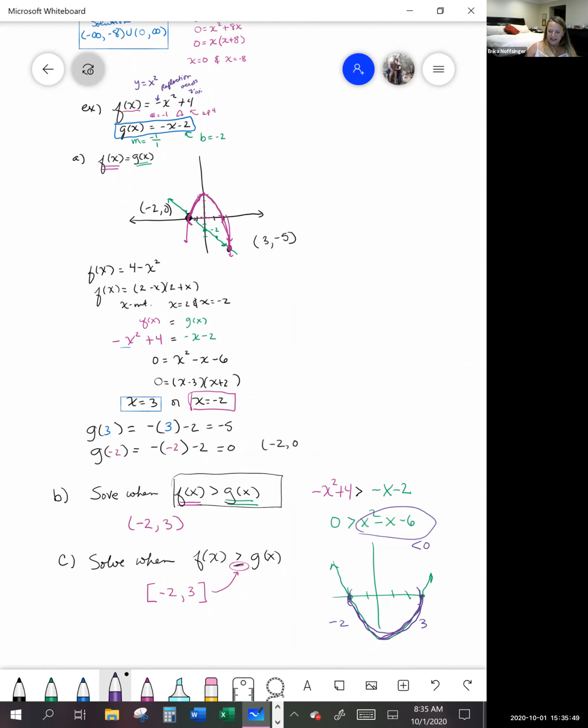Okay, so that is the 4.5. I was going to say, let's just go graph those on Desmos, but we actually graphed them, so we really don't need to.